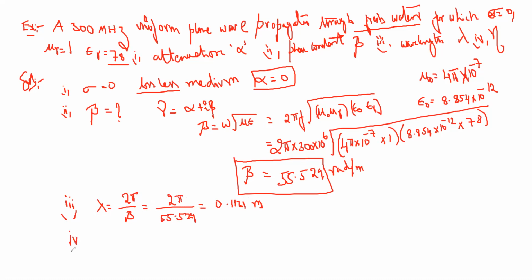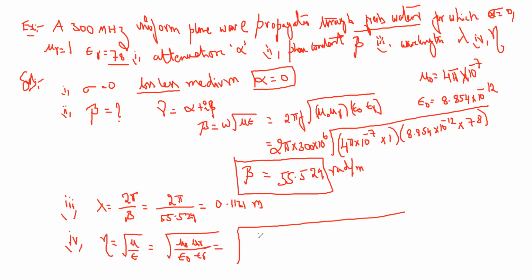And the fourth one, they're asking to find the intrinsic impedance. Eta is equal to the square root of mu by epsilon. This is the formula: under root of mu naught mu r by epsilon naught epsilon r.